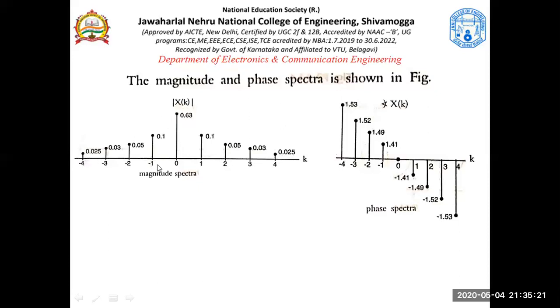You can limit yourself to 3 plus 3 plus 1. It's your wish, but this is how the pattern should look. The magnitude of x of k is even, and the phase of x of k is odd when they're plotted. Understand that? So that was seen in the first problem also.